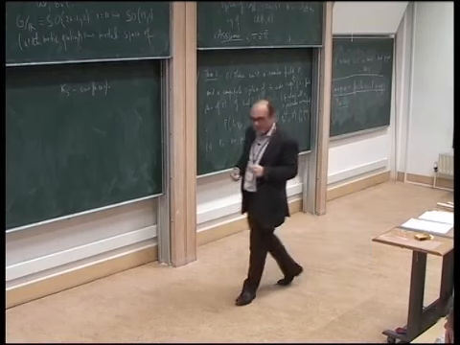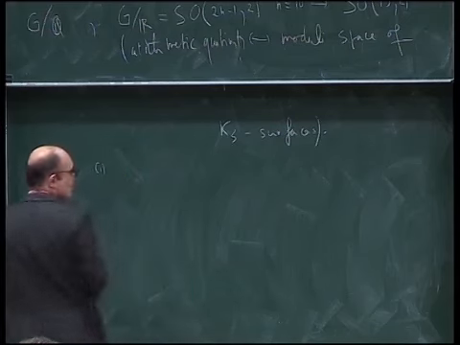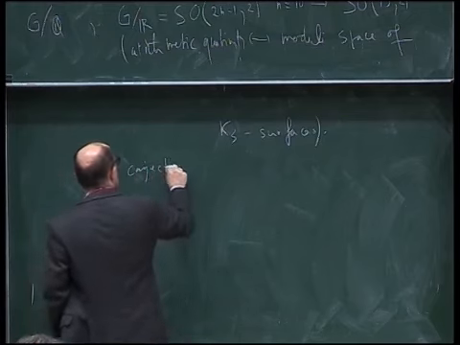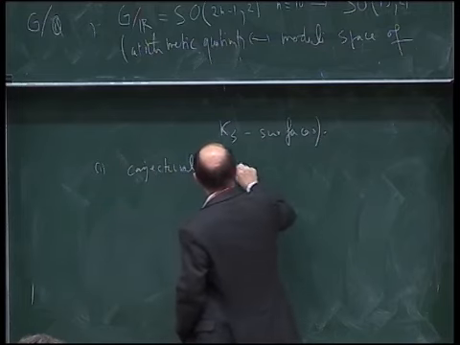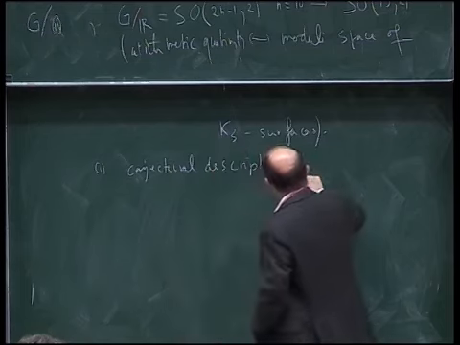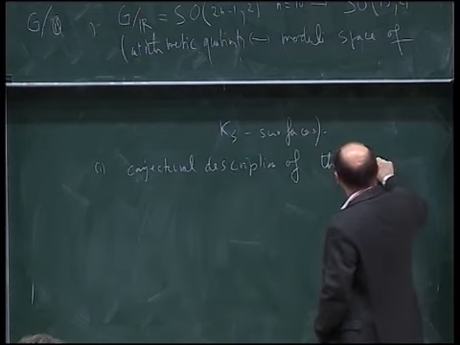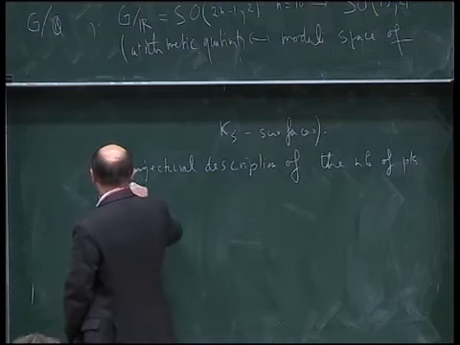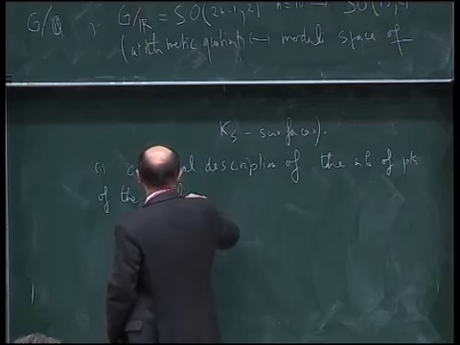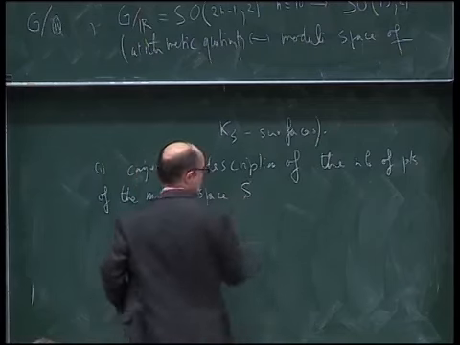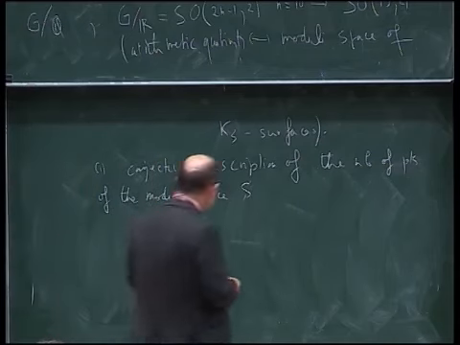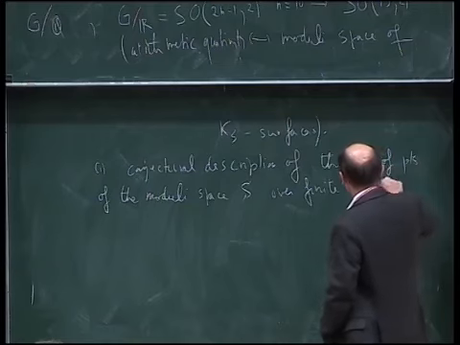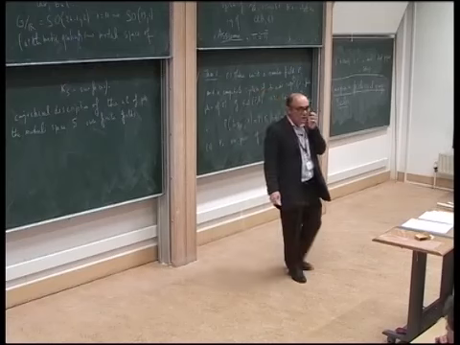Well, the consequence is that, first of all, there is a conjectural description of the number of points of the moduli space S over finite fields. This is due to Langlands and Kottwitz.